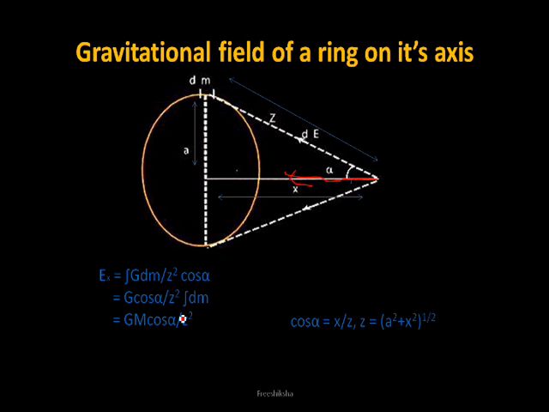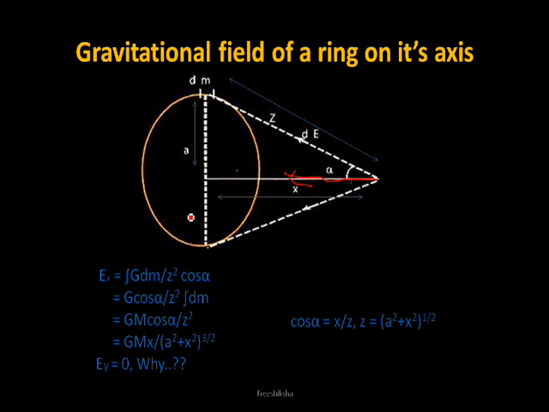So here we can substitute the value of cos theta and z square. So we get G M x divided by a square plus x square to the power of 3 by 2, and Ey will be equal to 0.